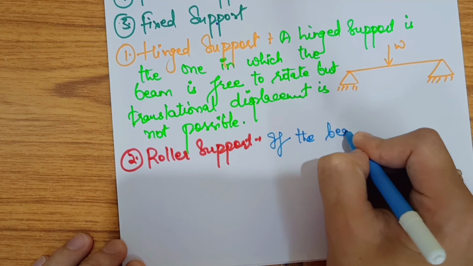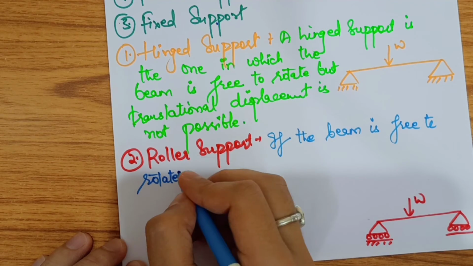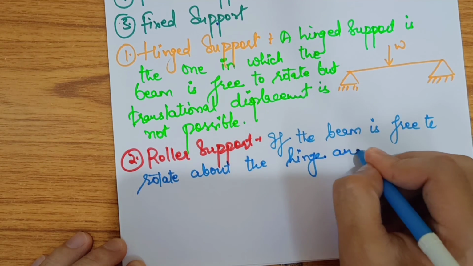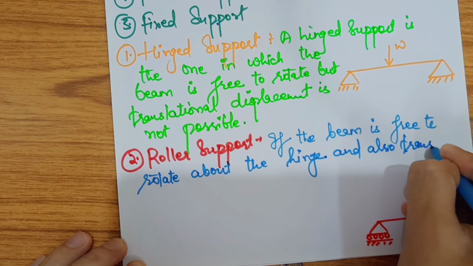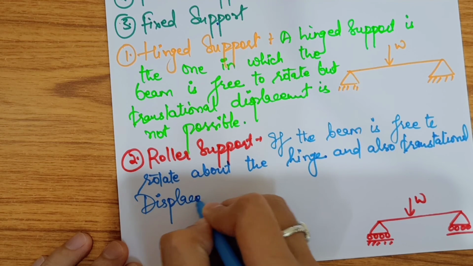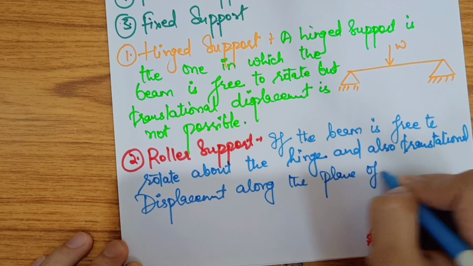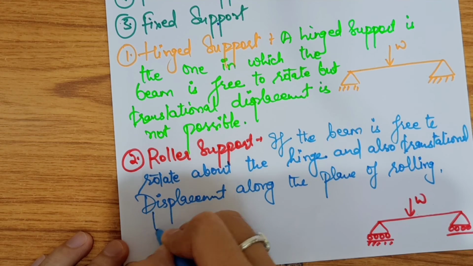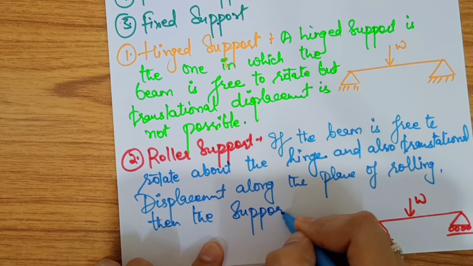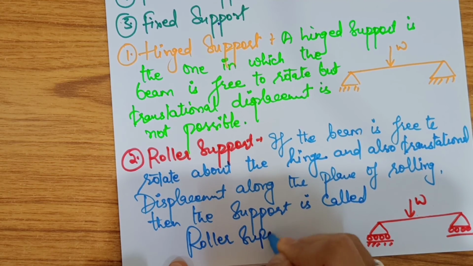If the beam is free to rotate about the hinge and also has translational displacement along the plane of rolling, then the support is called roller support.